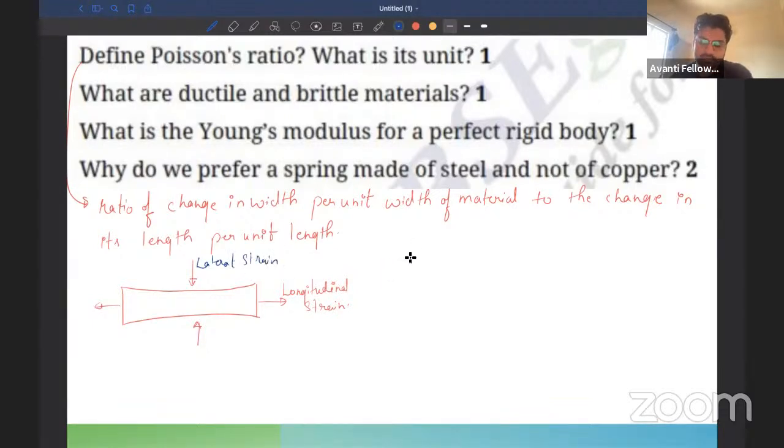So basically, what is Poisson's ratio? Poisson's ratio is equal to the ratio of this lateral strain, you know strain पढ़ चुके हैं, change in length upon original length, right? Lateral strain to longitudinal strain.